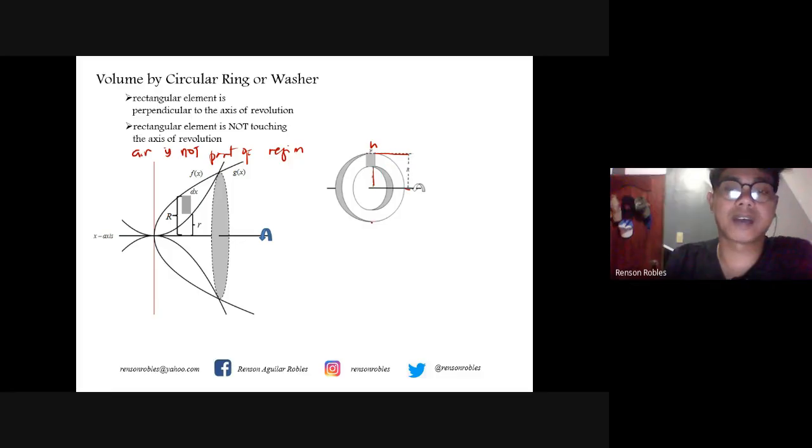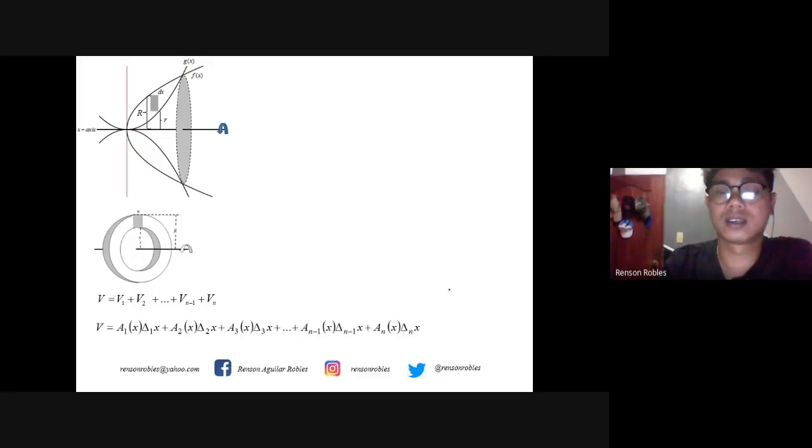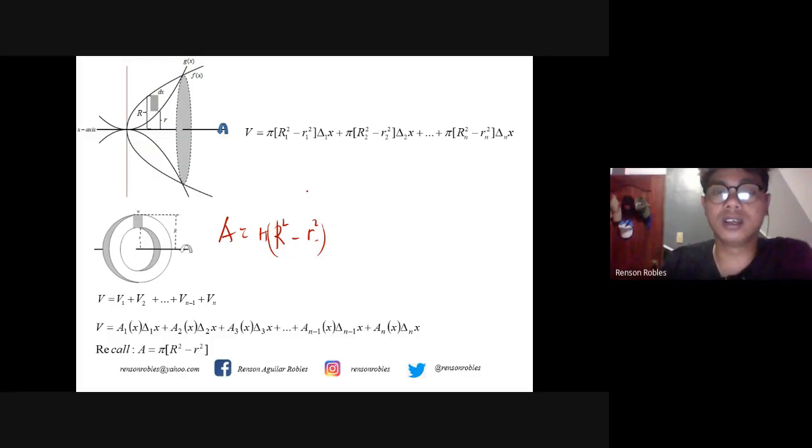So you have volume equal to V1 running until Vn, and you have A sub 1 times delta sub 1 of x running until A sub n times delta sub n of x. And you know that the area is equal to pi times capital R square minus small r square. And then you write it in summation notation.